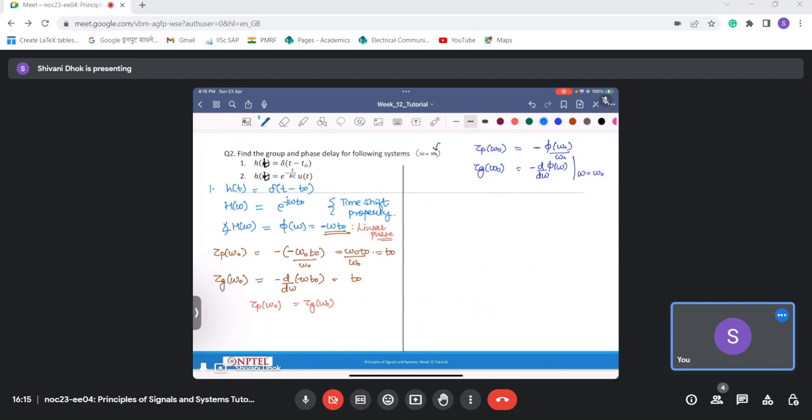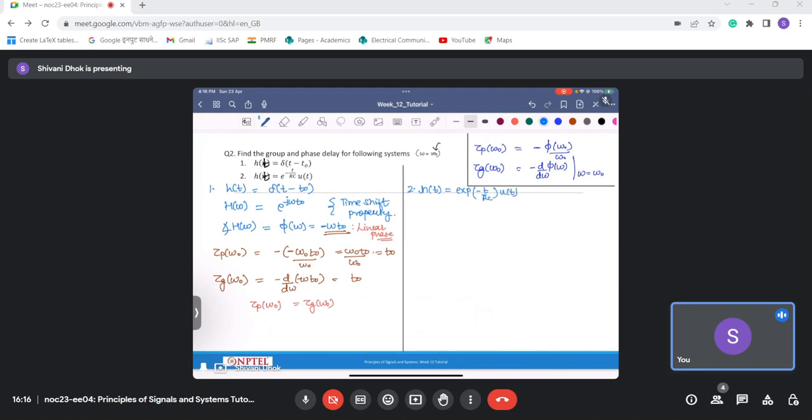Now let us look at the next part of this question. Okay. So the second part of this question is h(t) is equal to e power minus t by RC u(t).